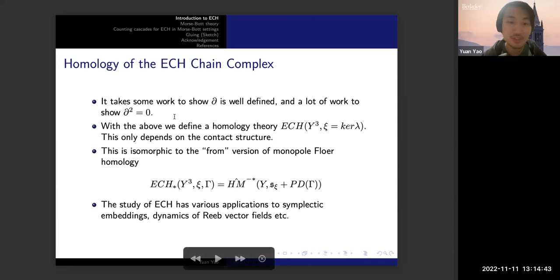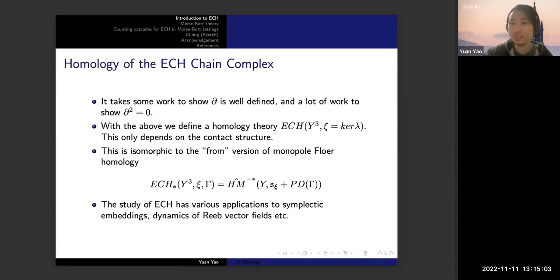But with that, you have a homology theory, and you can show, again very difficultly, that this only depends on the contact structure. To show this independence usually requires passing to gauge theory, the monopole Floer homology.